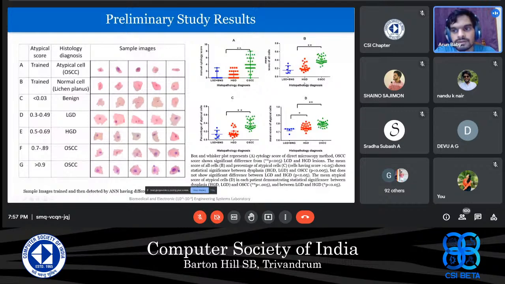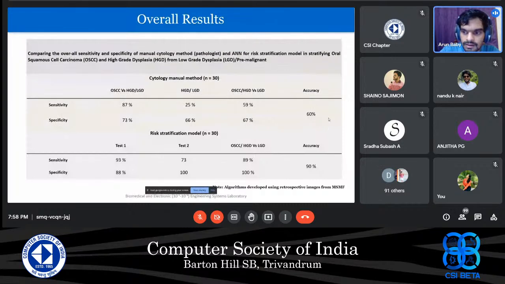It was seen that we can easily separate these into the different classes. In our case, when the cytology was done manually, where the cytopathologist is looking at the cells, only 60% accuracy was achieved. And the ground truth here is the histopathology result.